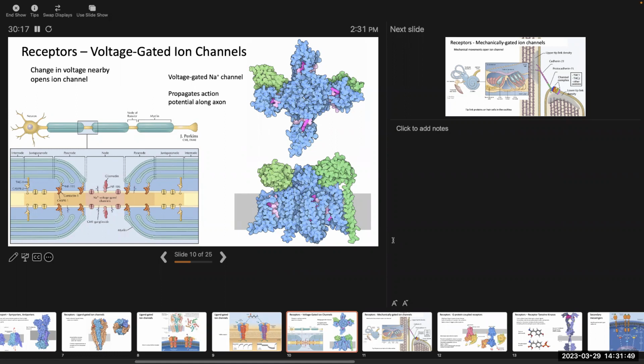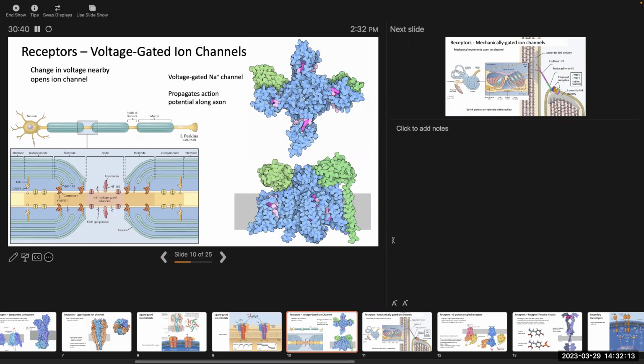So they open up and sodium comes rushing in. That changes the voltage in that section of the neuron, and so on, and so on. That's how the action potential travels down the axon. You start the action potential with a ligand-gated ion channel. That changes the voltage, which then triggers these voltage-gated ion channels, which then trigger their neighbors, which trigger their neighbors.